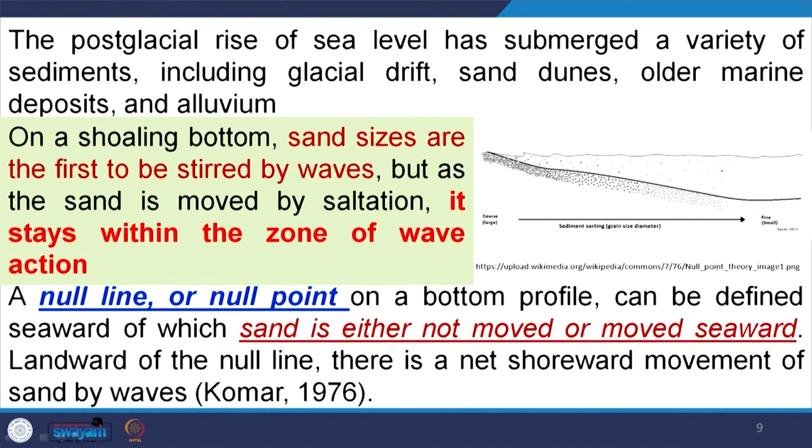The post glacial rise of sea level has submerged a variety of sediments including the glacial drift, sand dunes and older marine deposits and alluvium. On a shallow bottom, sand sizes are the first to be stirred up by waves, but as the sand is moved by saltation, it stays within the zone of wave action. Here it is important to understand: we have wave action along these coasts, and waves have certain energy.